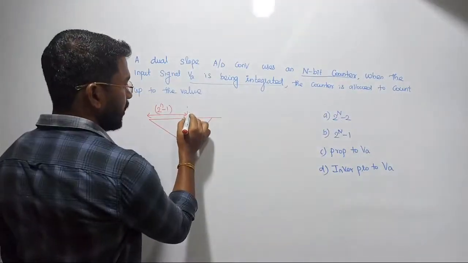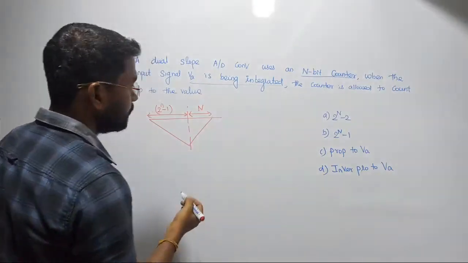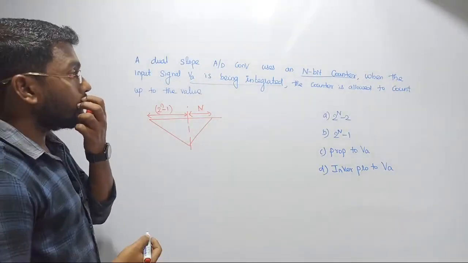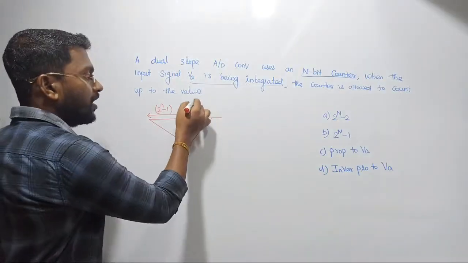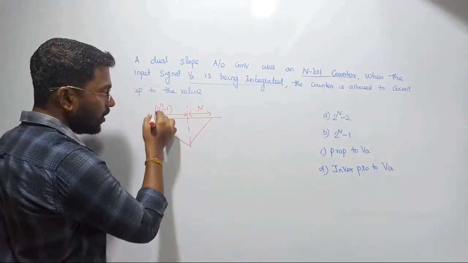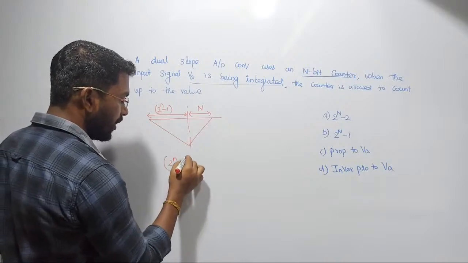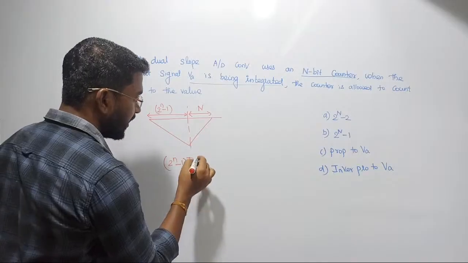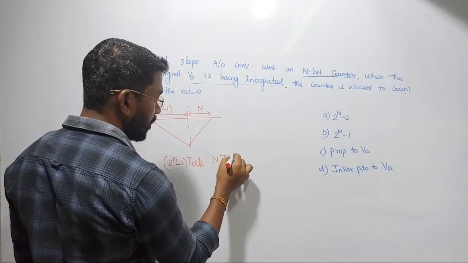It is not stopping, it has to recount again for some n cycles. If you are taking the total counting time period, in the first cycle we consider 2 power n minus 1 times of t clock. In the second counting period we consider n into t clock, that is the total counting.